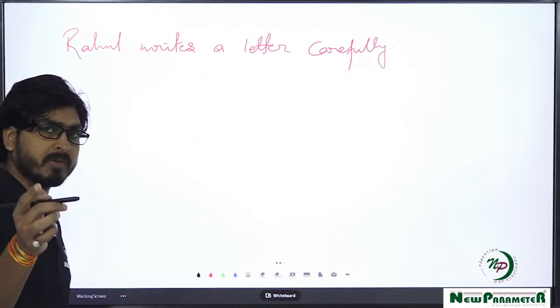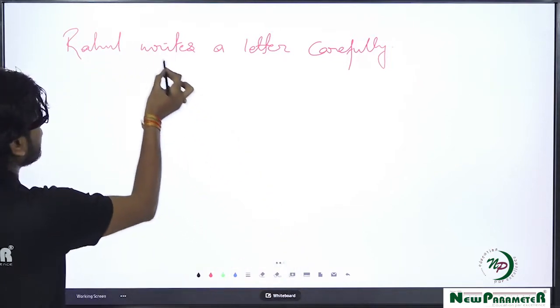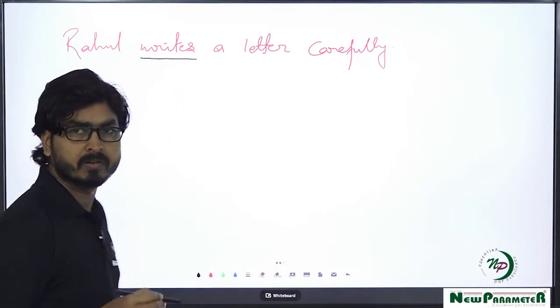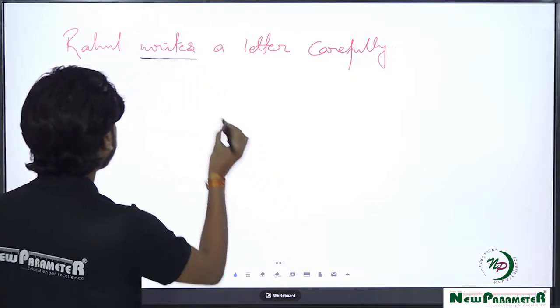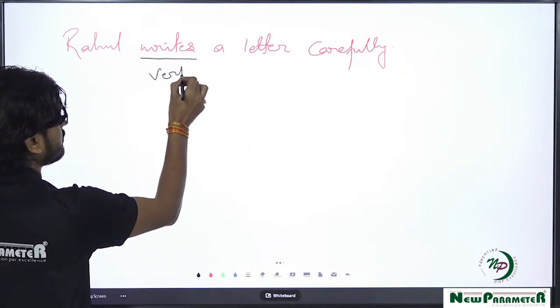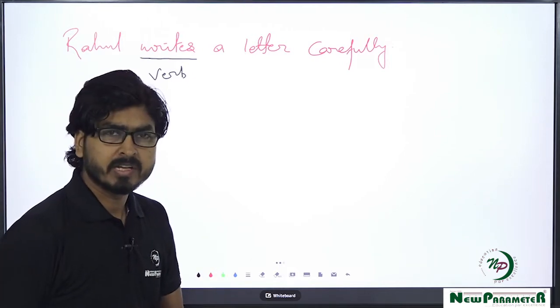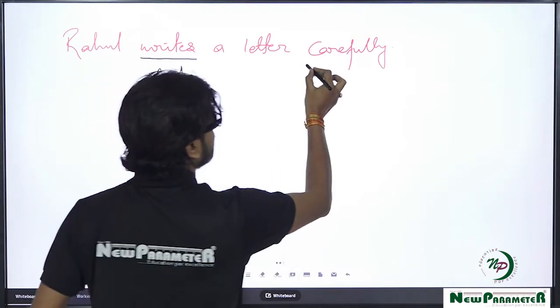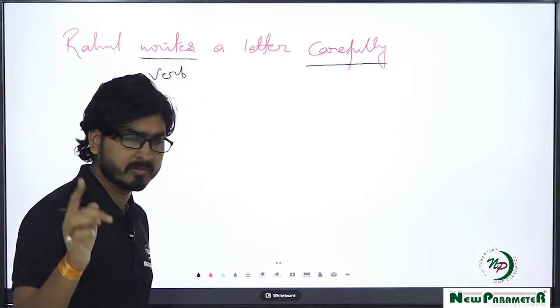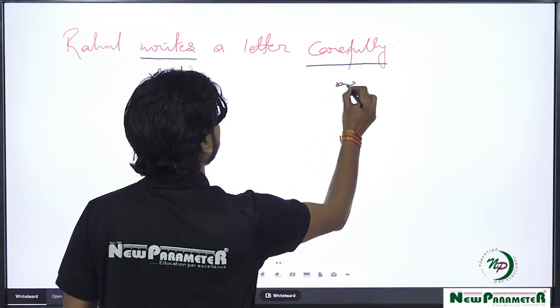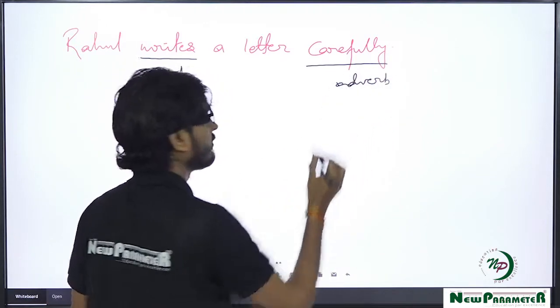Now you have to tell me, writes is what? Yes, good. It is an action, or we can say it is a verb. Very good. And what is the manner of his writing? How does he write? Carefully. So it is what? Yes, very good. This is an adverb.